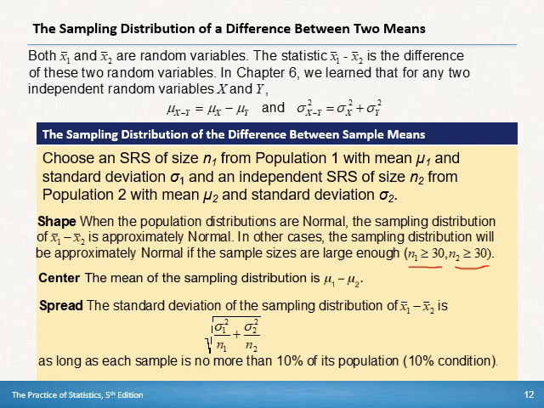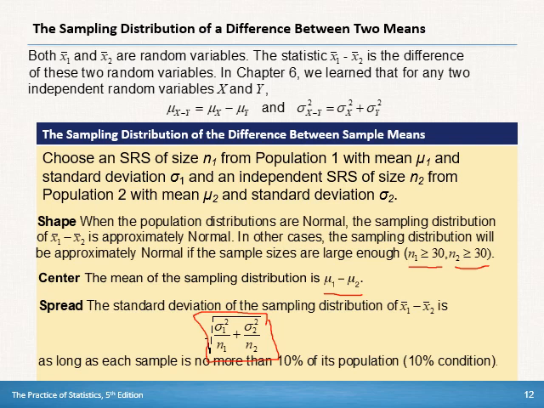So then the difference will also be approximately normal. The mean is simply going to be the difference in the two population means. And then the spread, or the standard deviation of the sampling distribution, is given with this formula, assuming, of course, that we've checked our 10% condition.